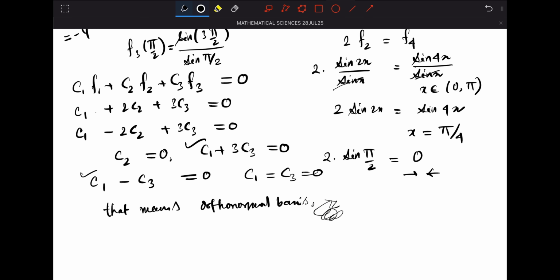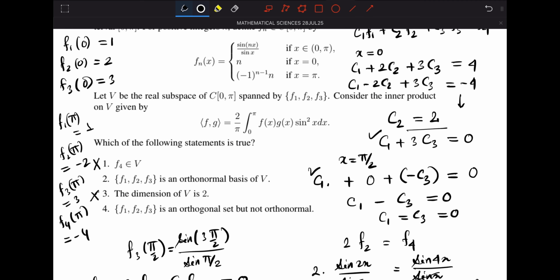Sorry, I have a problem in my pen. So this option is correct. This is wrong.